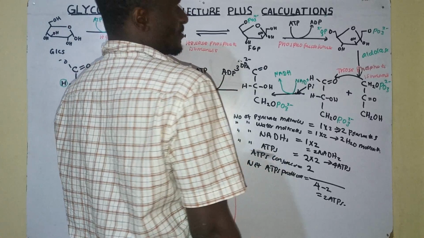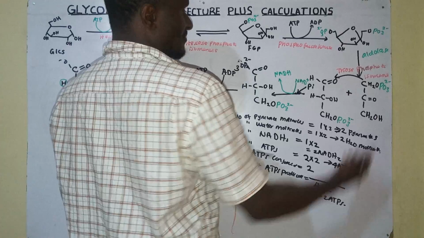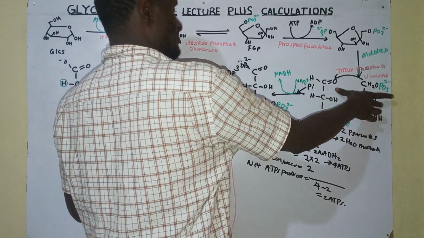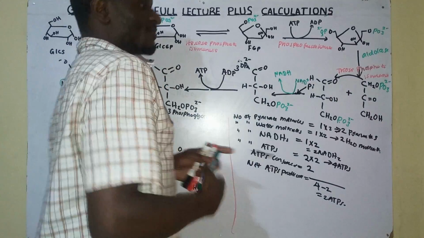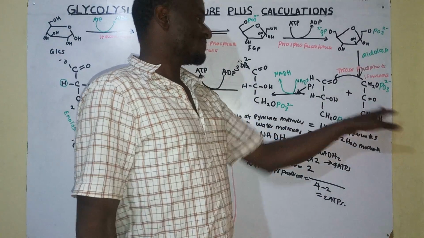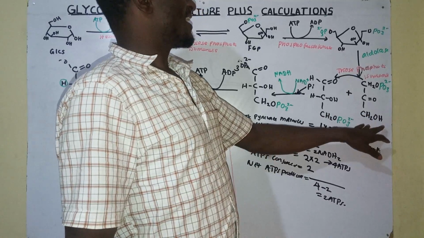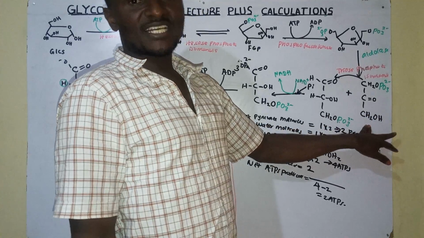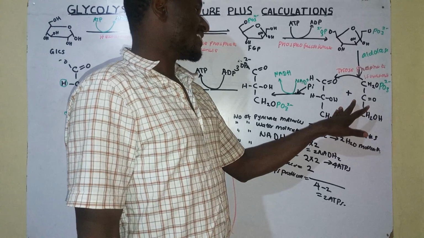So the enzyme that carries out that one is triose phosphate isomerase that converts dihydroxyacetone phosphate into glyceraldehyde 3-phosphate. The reason is that dihydroxyacetone phosphate does not lie on the glycolysis pathway. That's why it's converted into glyceraldehyde 3-phosphate.